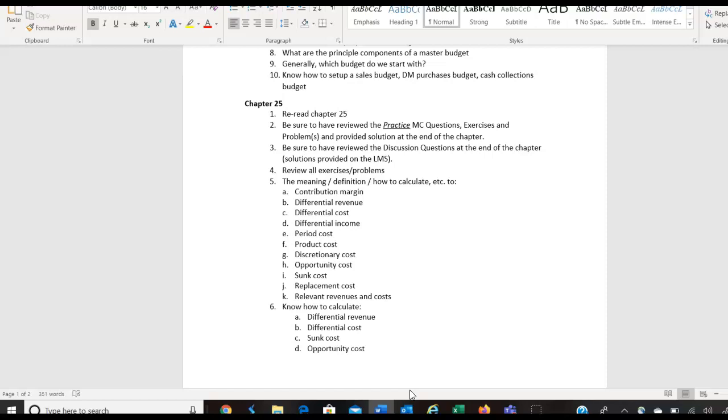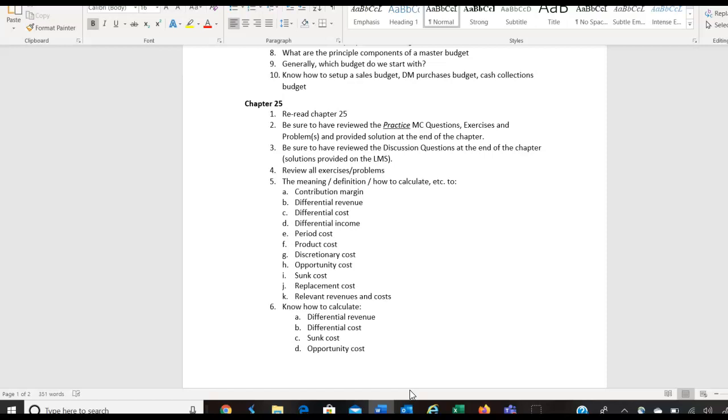Know how to calculate differential revenues and differential costs. Let me tell you, your exercises, that's all we did. Differential revenue, differential costs. Okay, what exercises? There's quite a few of them, quite frankly. It would be exercises 1, 3, 6, 7, 9, and problem 2A.